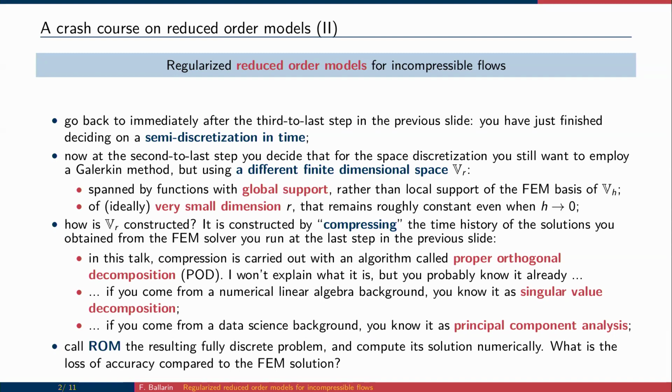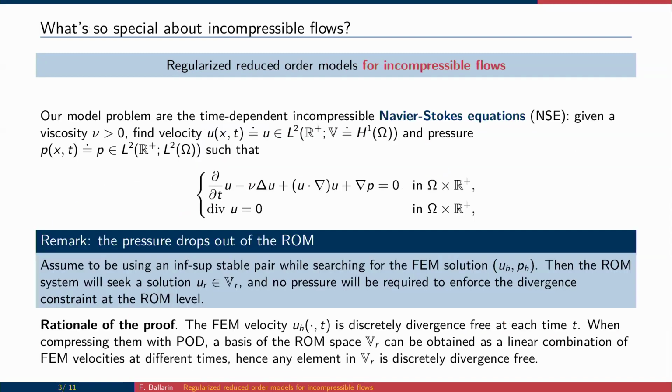Then you call ROM, reduced order model, the resulting fully discrete system, and compute its solution numerically. For instance, in my simulations, I'm using the RBniCSx library that I developed. And one of the questions that now one asks is, what is the loss of accuracy compared to the finite element solution?